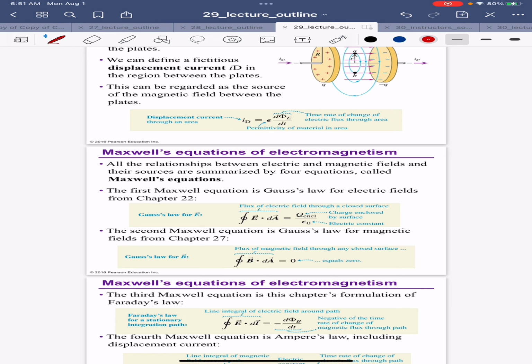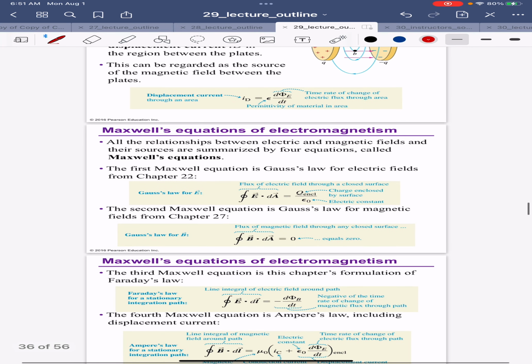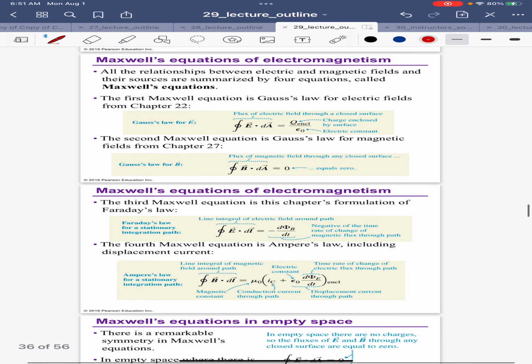And the second, from chapter 27, is Gauss's law for magnetism, and that is when we integrate over a closed surface B dot dA, it is going to give us 0. And of course this is because the nature of the 2 fields are really different.